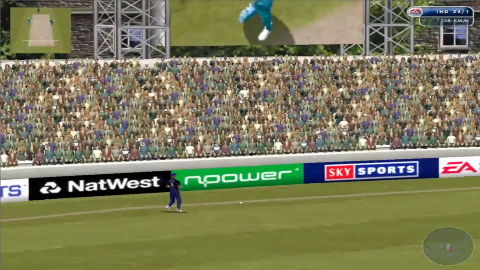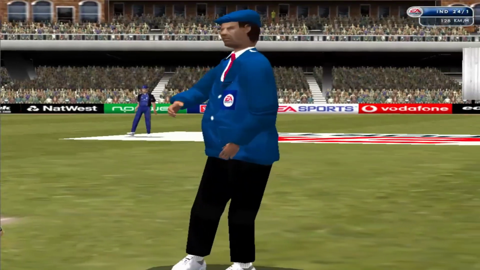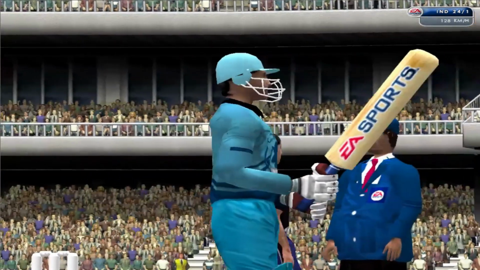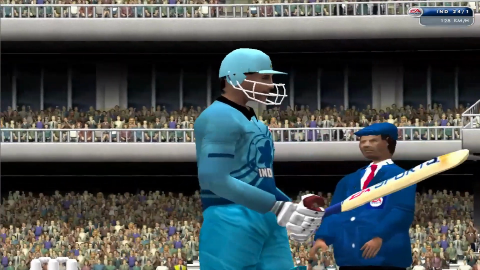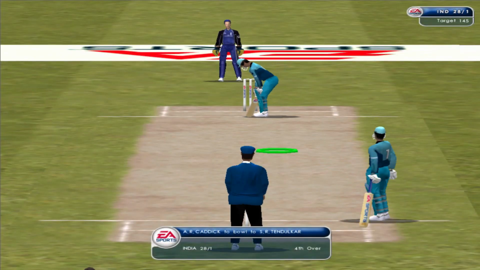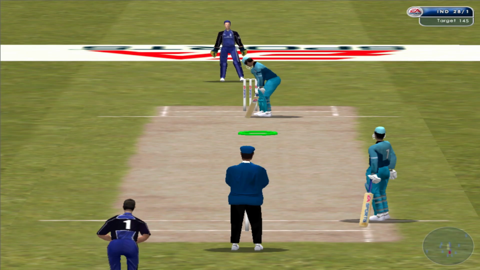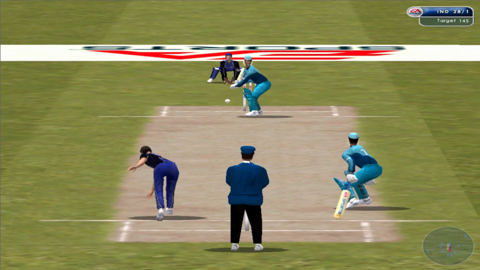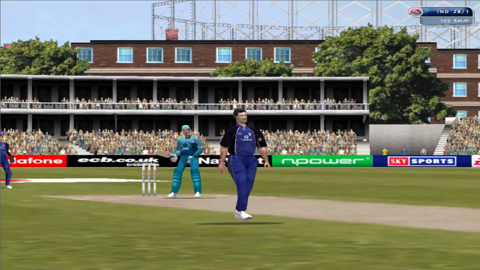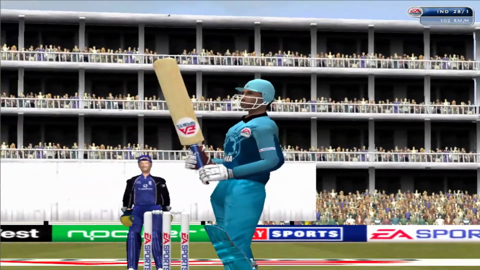That's too short, and it's been dispatched before. That takes him into double figures. Great take by the wicketkeeper. The total is now 1 for 28.